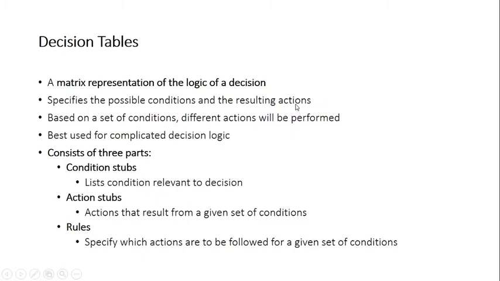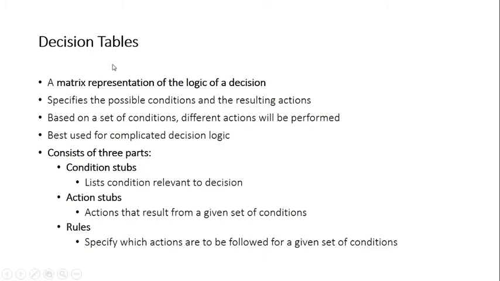So we'll have altogether 4 parts in this table: condition stub and corresponding entry, action stub and action entry, right? 4 parts. Along with that, certain rules will be there, right? But broadly we say it just has 3 parts: a condition part and an action part, which is further divided into condition stub and condition entry, action stub and action entry, and the rules.